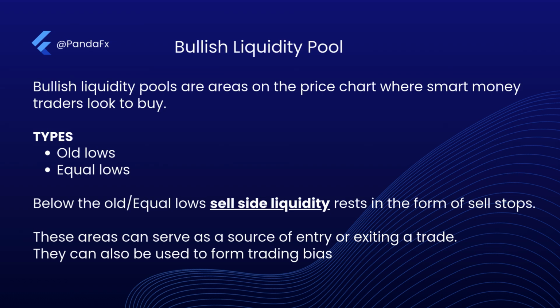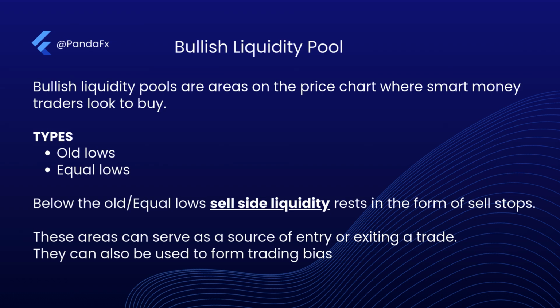And so the only way to offset their position, to take their positions off or to close their position, is to buy. Since they are selling and expecting price to gravitate downwards to those sell stops, the only way is to buy. And so what would they be buying? They'll be buying into the sell stops at that sell side liquidity.